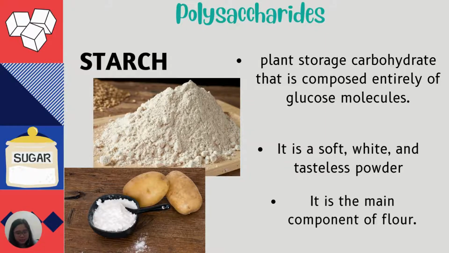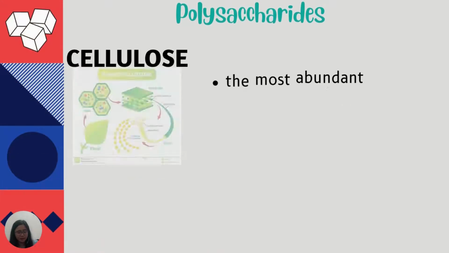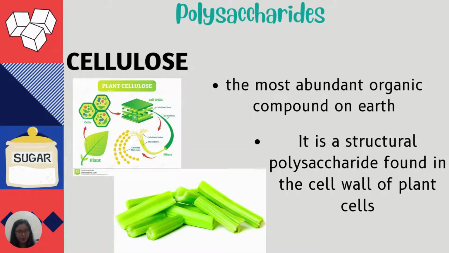Next example is the cellulose. Cellulose is the most abundant organic compound on Earth. Bakit? Kasi they can be found in the cell wall of plant cells.